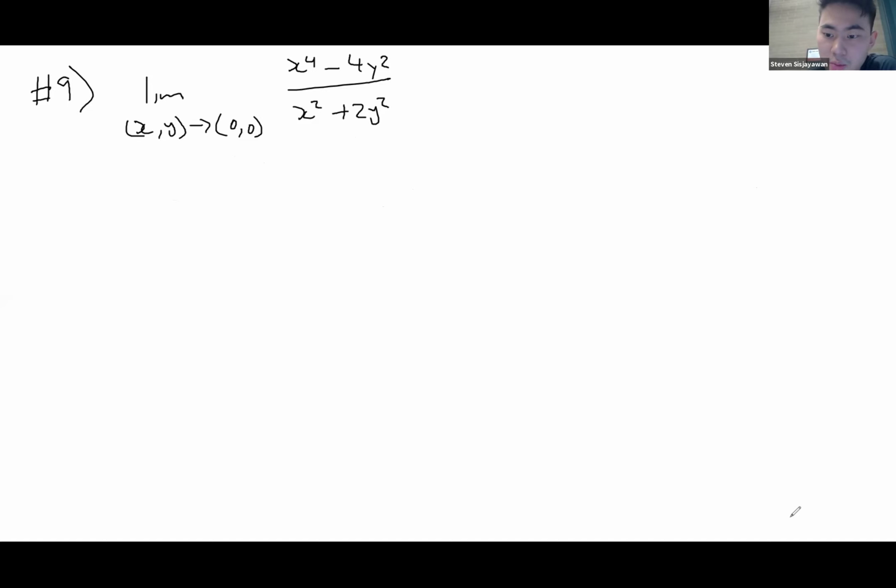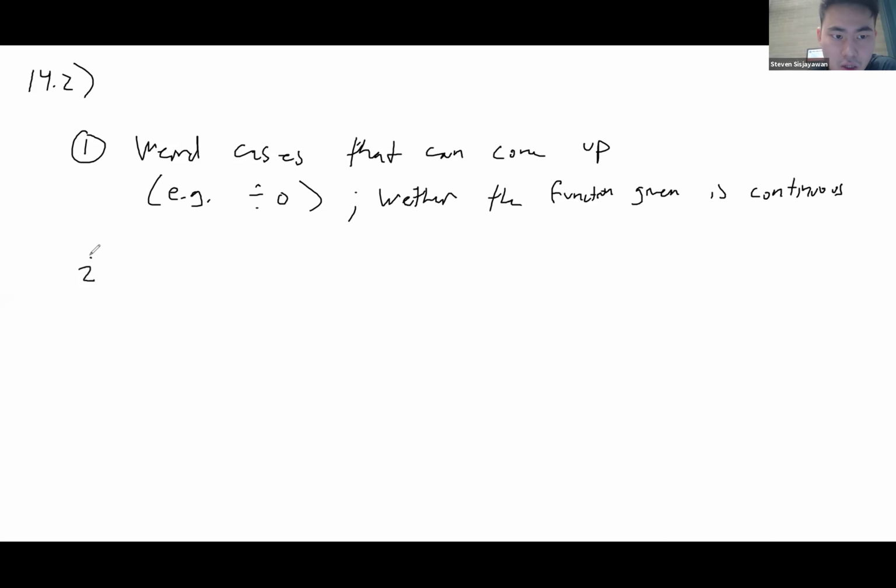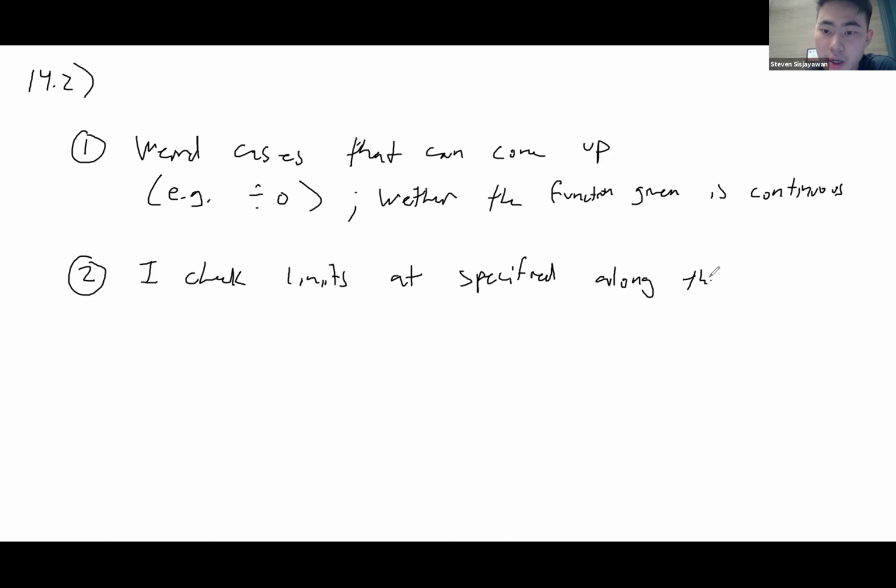All right, so going back to this, what I tend to do next is I look at the limit along the x-axis and the y-axis at the specified point. So the second thing I look at is I check limits at the specified point along the x and y-axis.